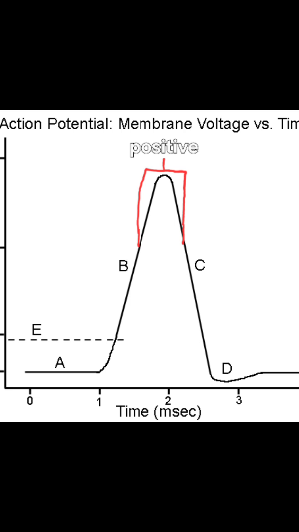Granted, they are positively charged during this brief window of making an action potential, but this is also just when the action potential is made, so I don't know how much you really want to count that. But for the most part, they are almost always negatively charged, and at a resting state, they are at negative 70 microvolts.